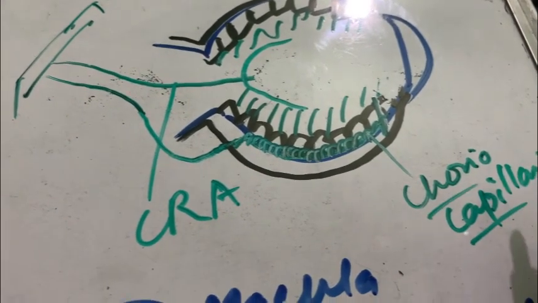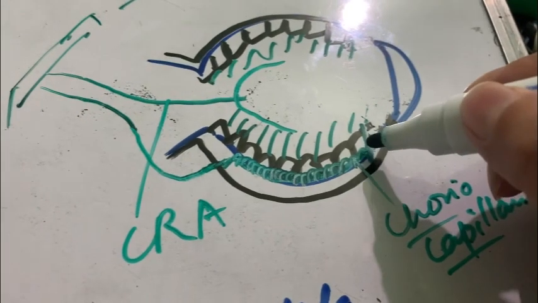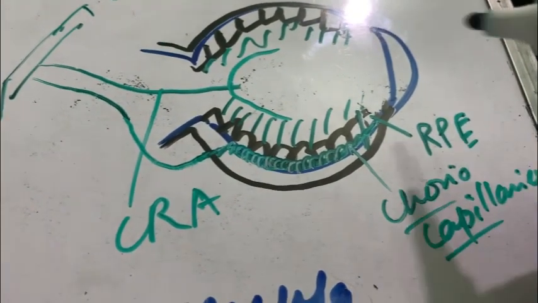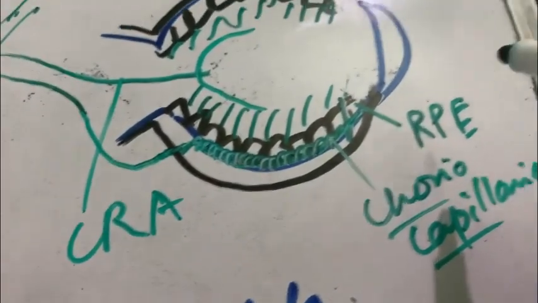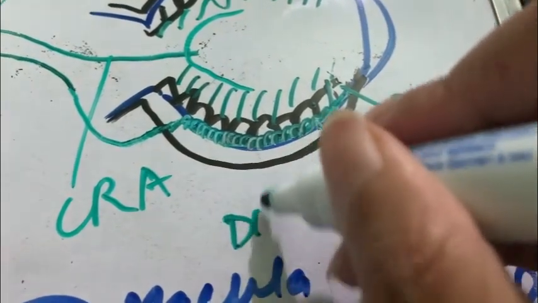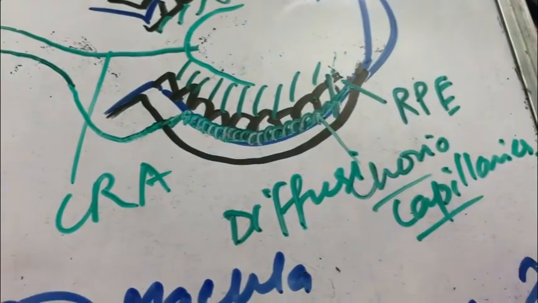These choriocapillaries do not pierce this RPE, and all the nutrients, glucose, everything go to this layer by the process of diffusion.